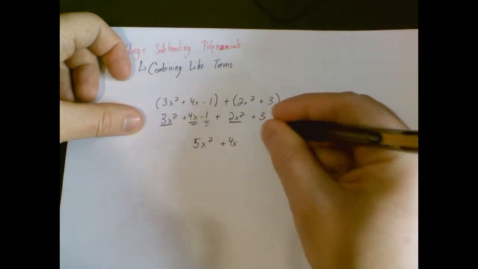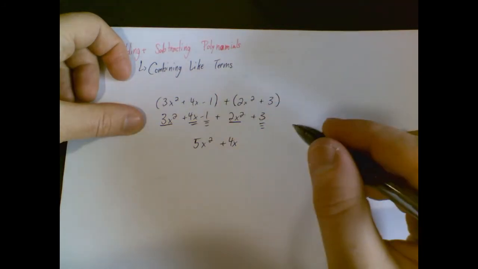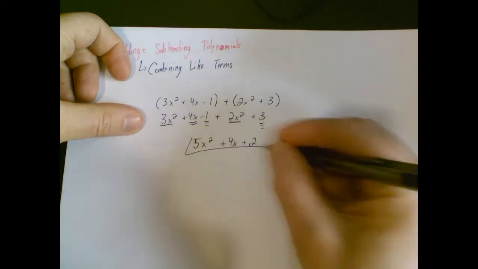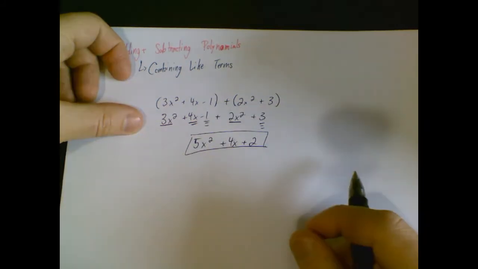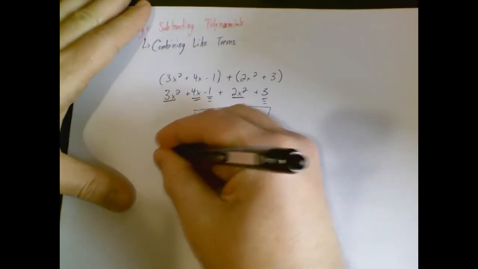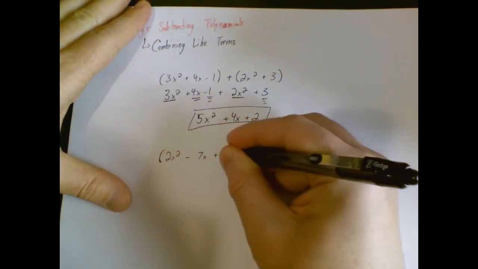Then I have a negative 1 and a 3 as my constants, so they don't have any variables, so they're like terms. So negative 1 and 3 add up to 2. That's pretty much it for addition.